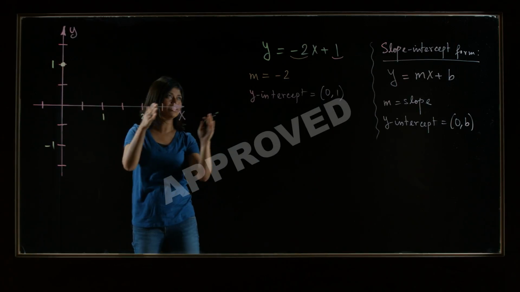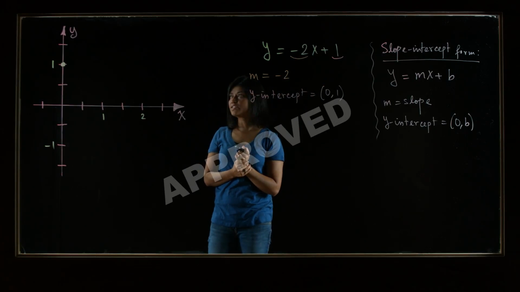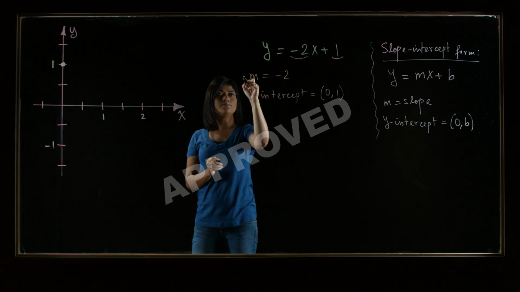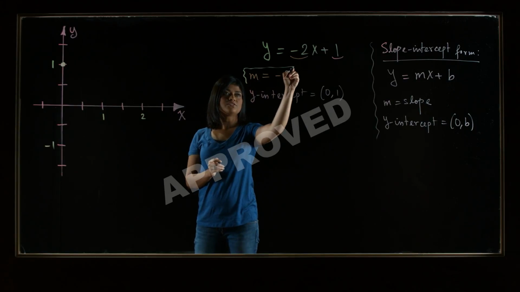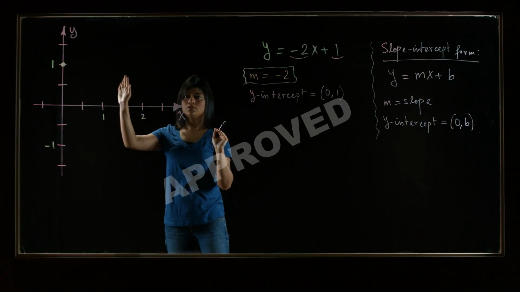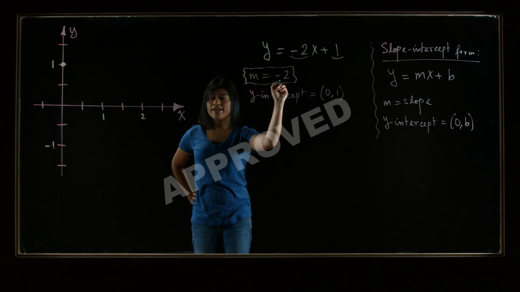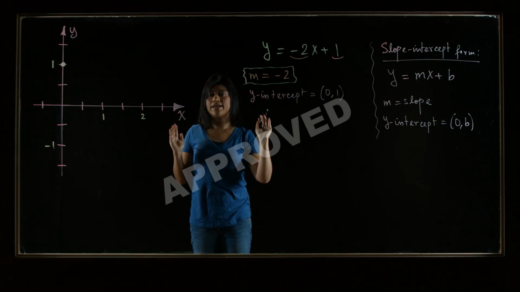So how do we know which exact line is going to be represented by this equation? And here comes the use of the slope. How can we use the slope to draw the graph of this line? M equals negative 2. So the slope is negative 2.